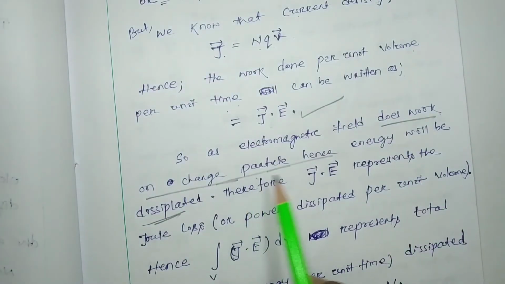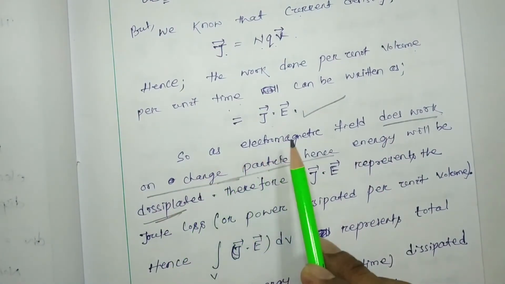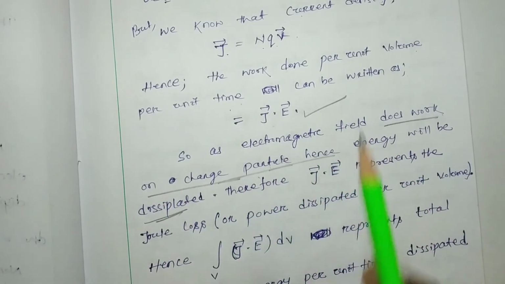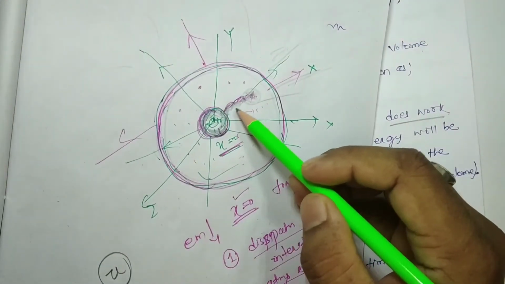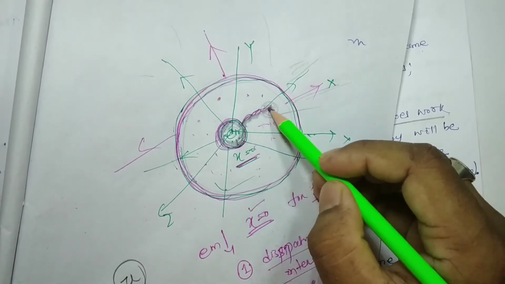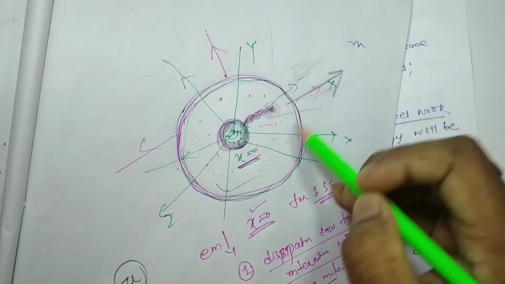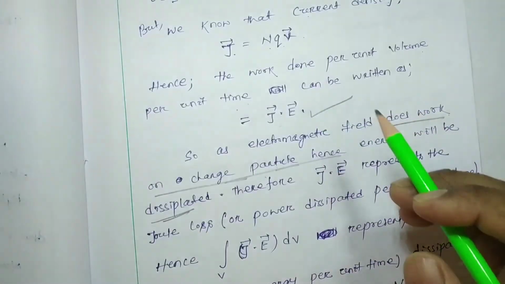Hence, as the electromagnetic field does work on charged particles, energy will be dissipated. In this way, the energy is dissipated or lost on the way of the propagation, and the rest of the energy flows out from this total volume through this surface.